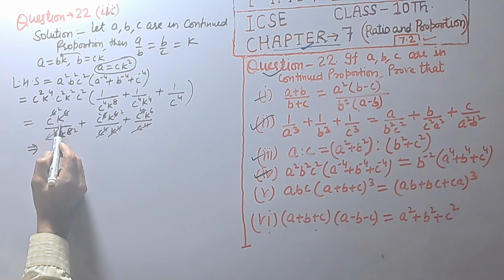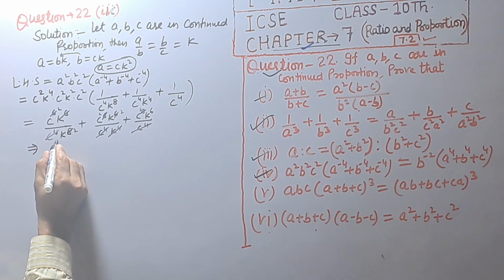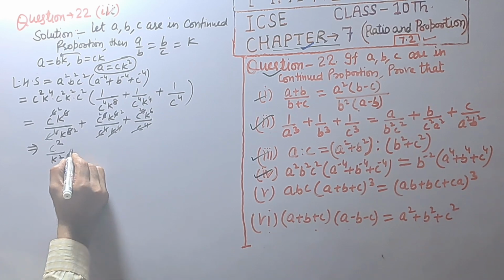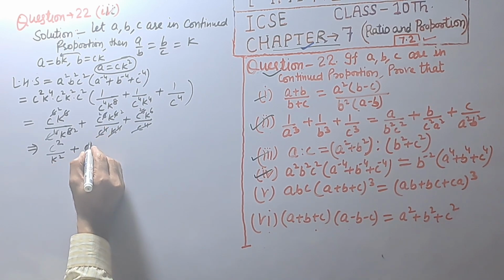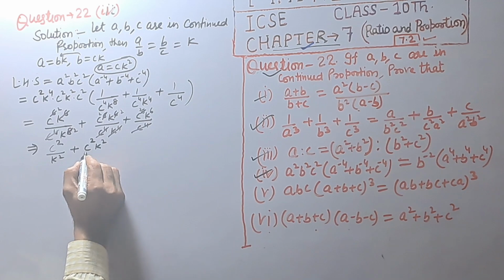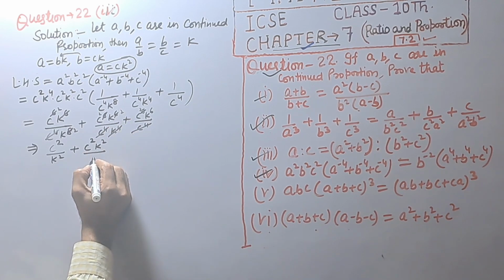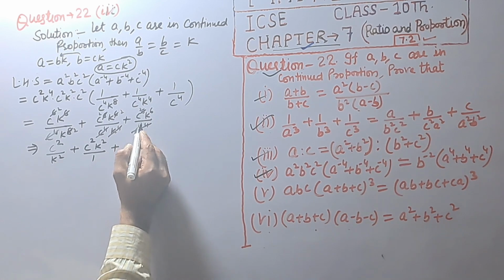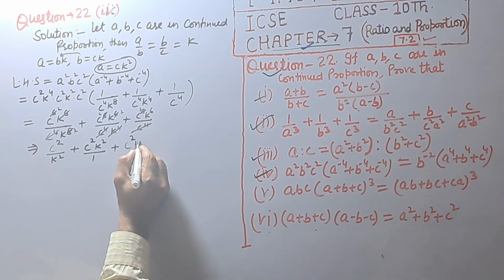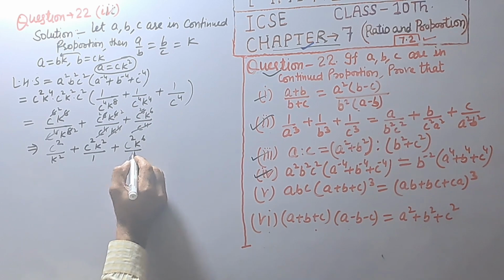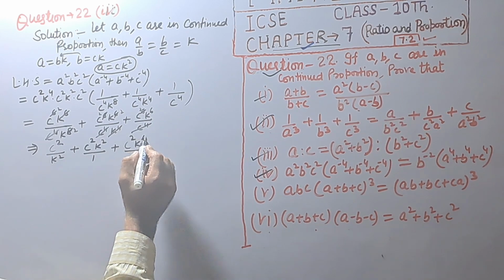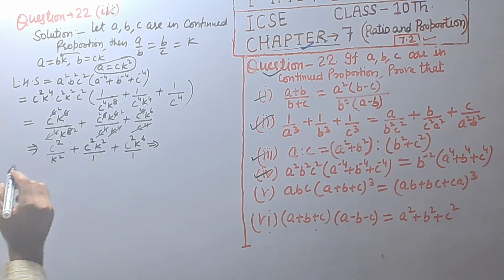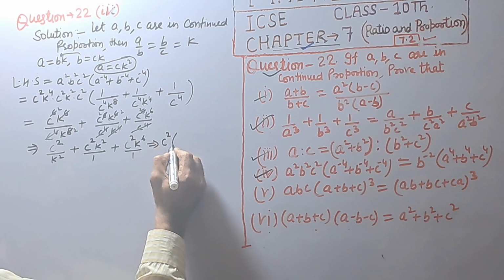c raised to power 2 upon k raised to power 2, plus c raised to power 2 k raised to power 2 divided by 1, plus c raised to power 2 k raised to power 6 divided by 1, which implies we are taking common c raised to power 2. c raised to power 2 is common.